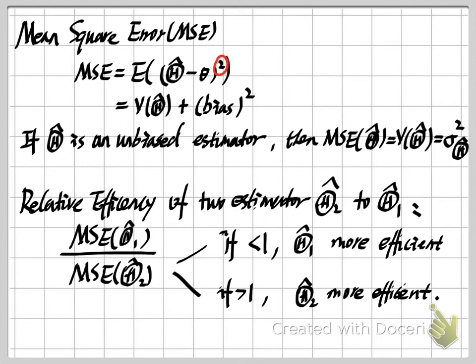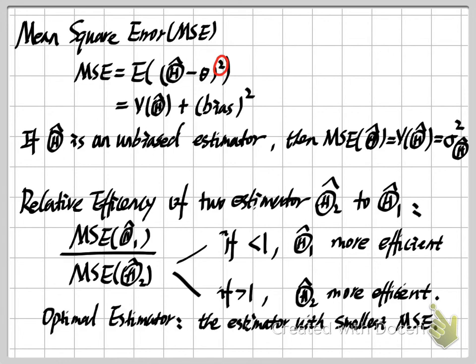This is what I wanted to talk about: some properties of point estimators, and how, when we have several estimators of one population parameter, we can check which one is better.